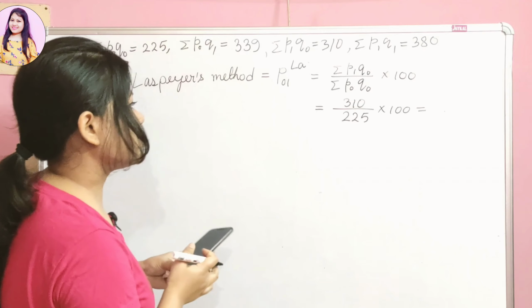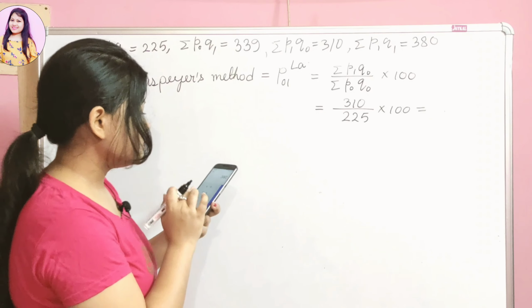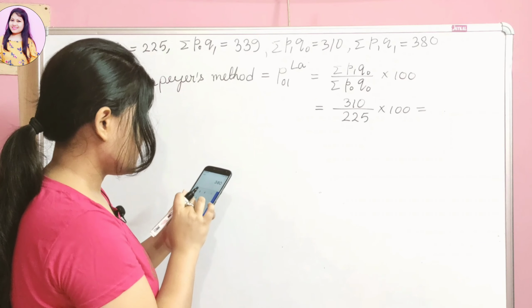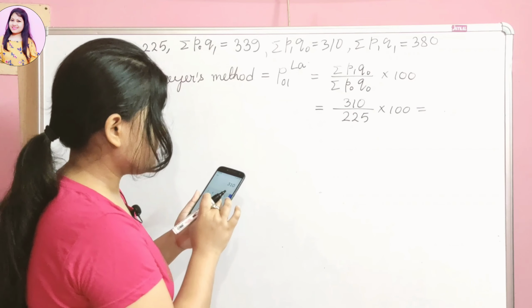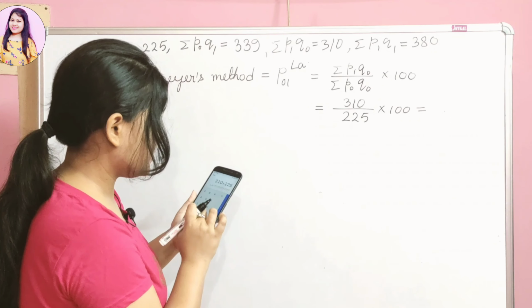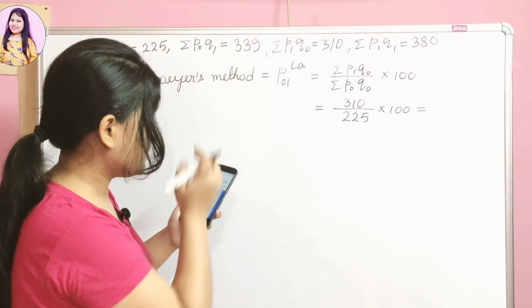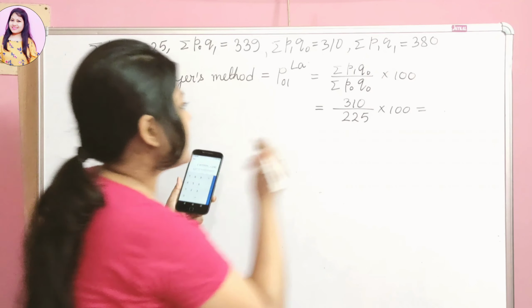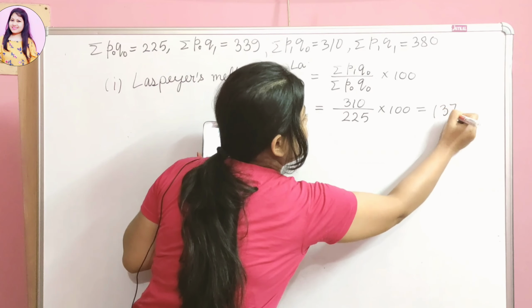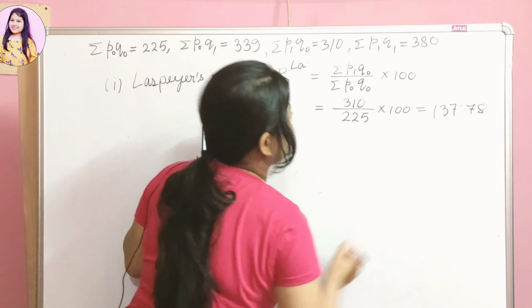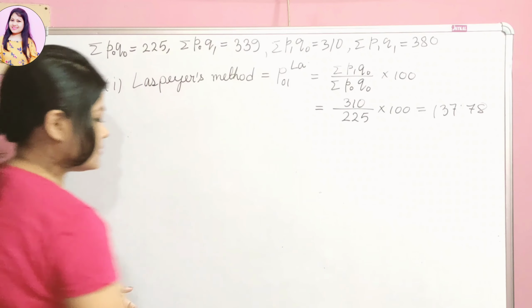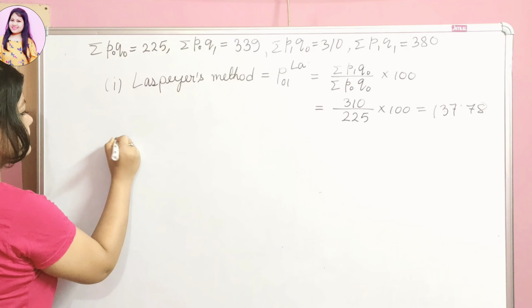Using the calculator, 310 divided by 225 into 100 is equal to 137.78.